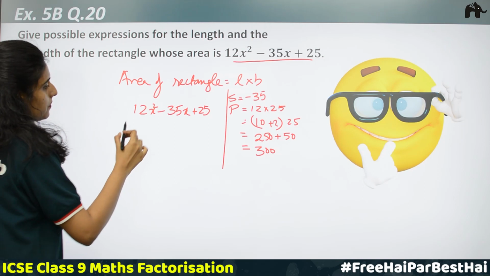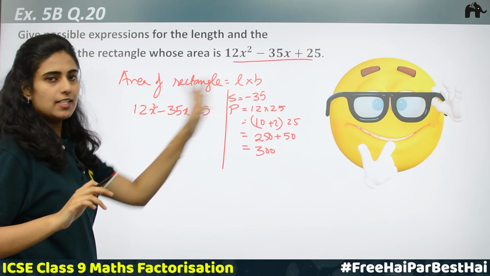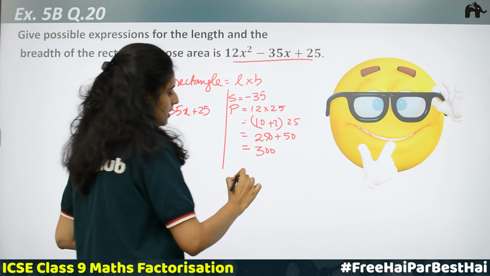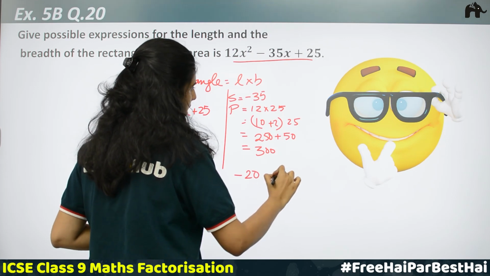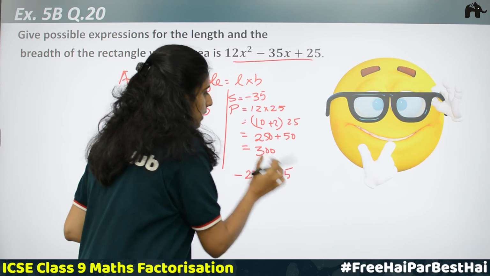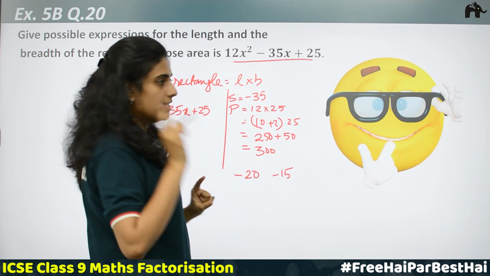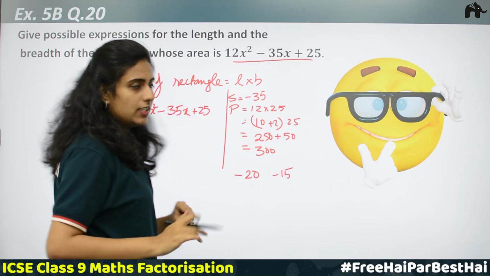Now, to get 300 as the product and the sum should be minus 35, if I take minus 20 and minus 15, okay, both should be negative. Why? Because the product is positive, sum is negative. So minus 20 and minus 15 can be taken.